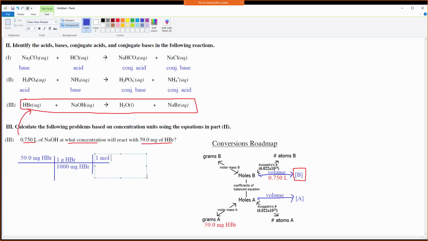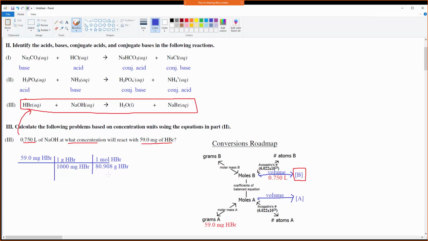So grams per mole becomes moles per 80.908 grams. No biggie. We put those units where we want them. That is the name of the game with dimensional analysis. And by the way, milligrams of HBr cancel. Grams of HBr cancel. Okay.